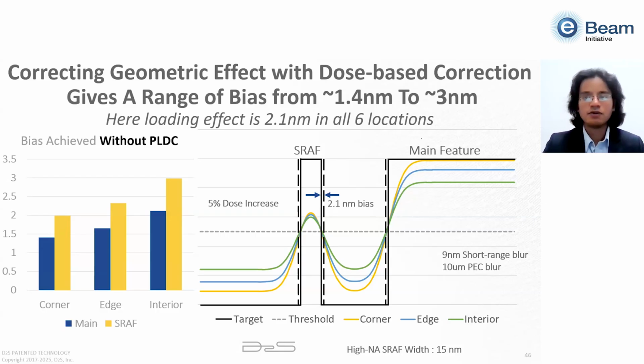In fact, the bias was ranging from 1.4 nanometer to 3 nanometer. This is because all these 6 cases have different dose margins. So if you just try to do a dose increase and expect the same bias, that's not going to happen because of the dose margin differences.